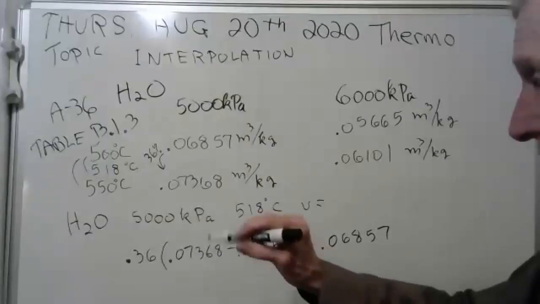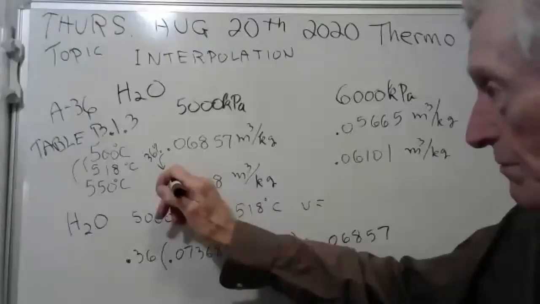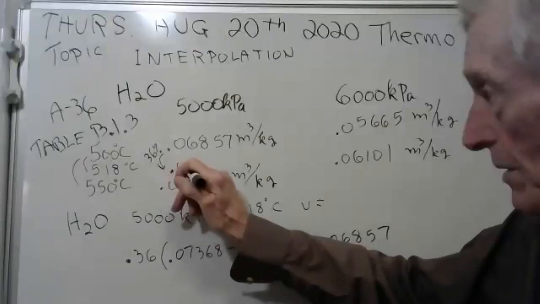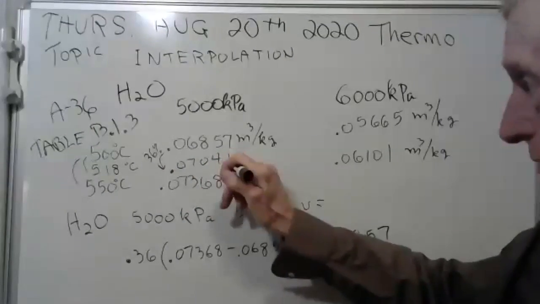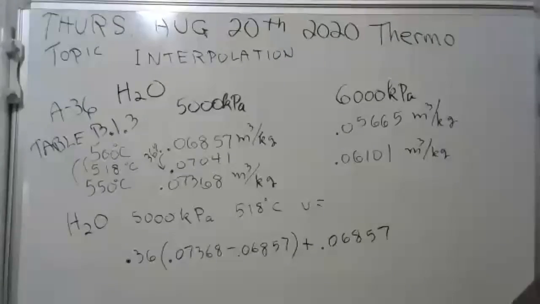Well, unless I've screwed this up, I'm getting an answer of 0.0704 rounded off to 1. And I'll wait until I hear two or three students tell me they got that. 518 degrees?